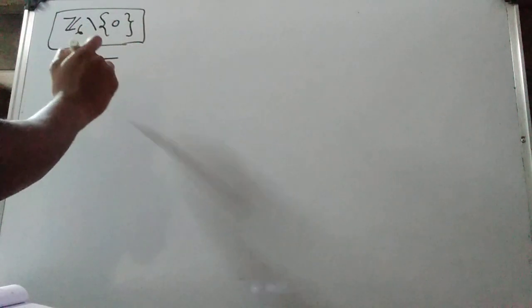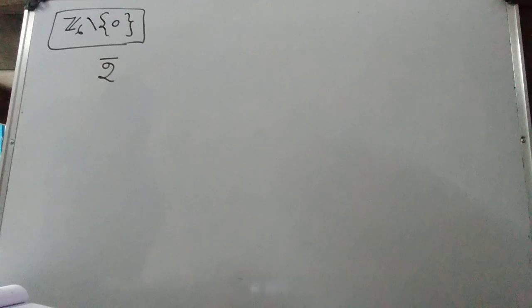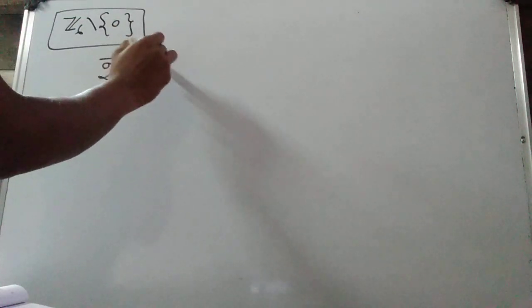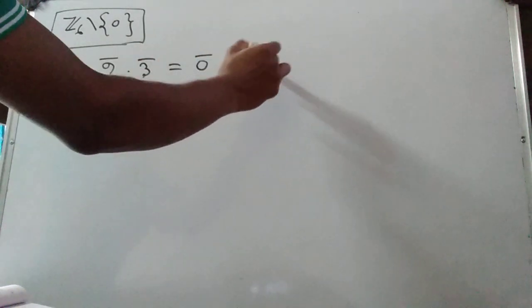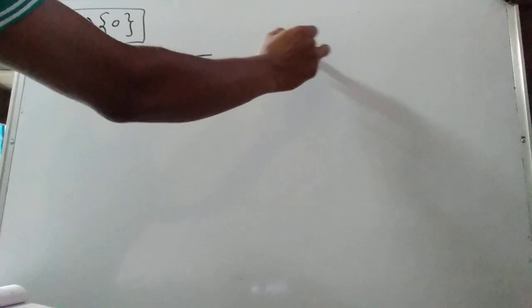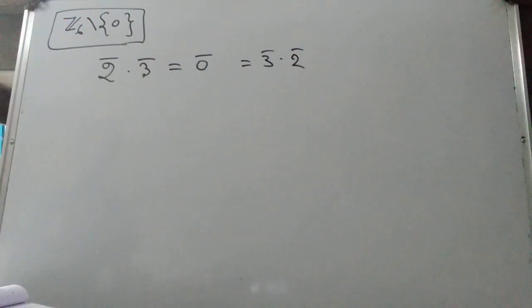If we consider some example, Z6, then what happened? 2 multiplied by 3 equals 6, which equals 0 modulo 6. That means there is some problem.